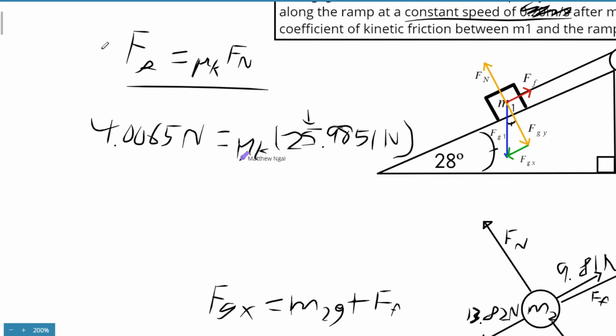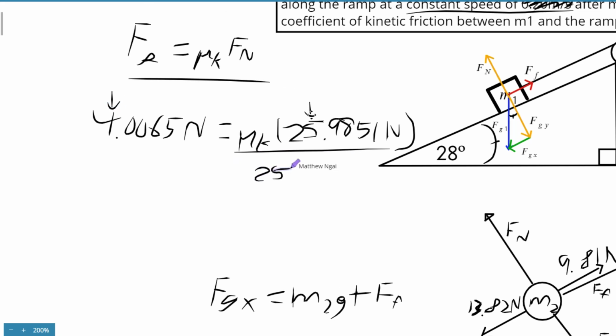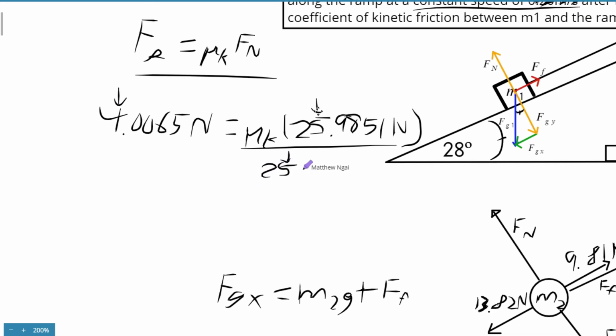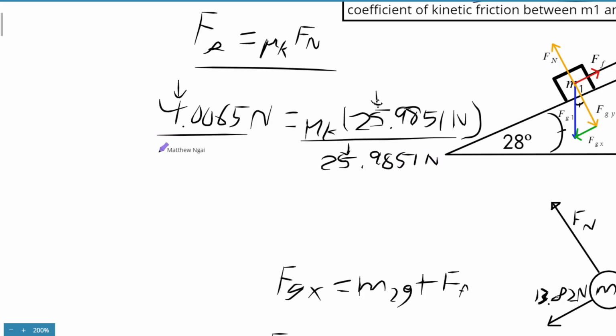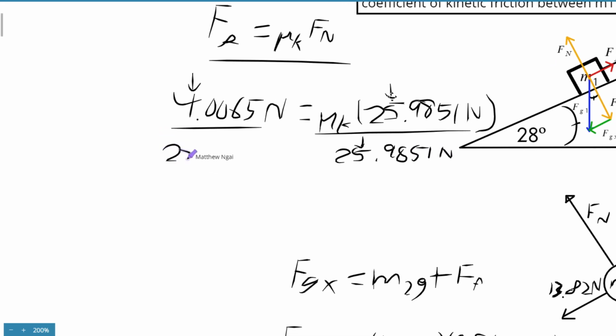So mu k will just be 4.0065 divided by 25.9851 newtons.